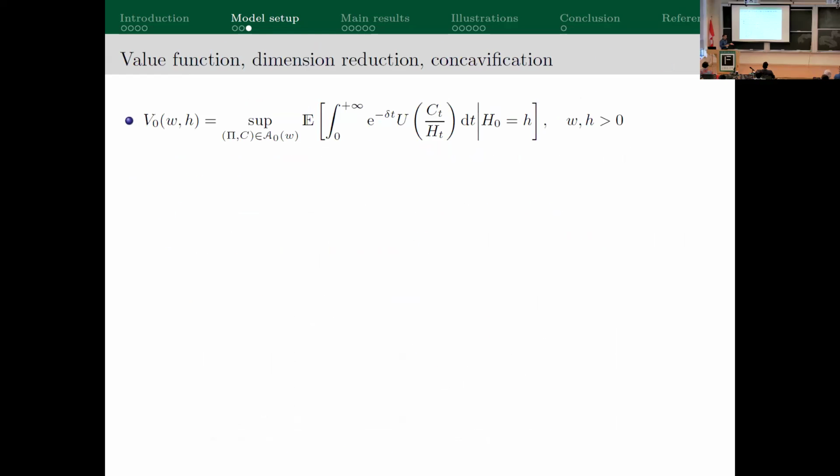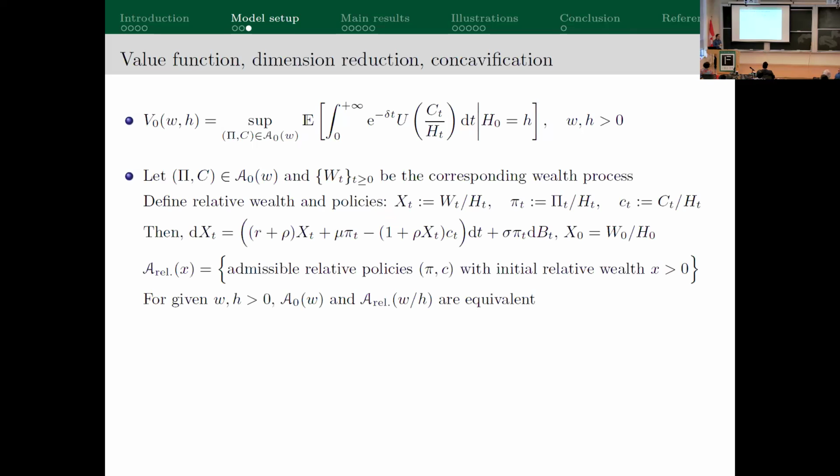So that's the problem I want to solve, and you're going to end up with a value function that depends on your wealth and your habit. The first thing to do is to reduce the dimension. The way I'm reducing the dimension does not depend on the form of U, it depends on the multiplicative structure where you divide C by H. This is how it's done.